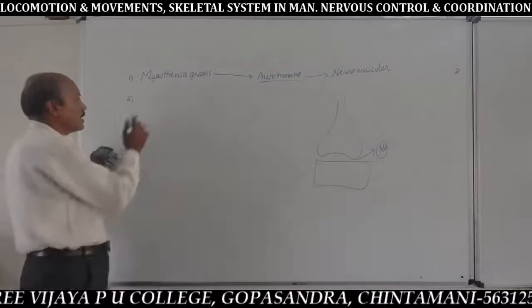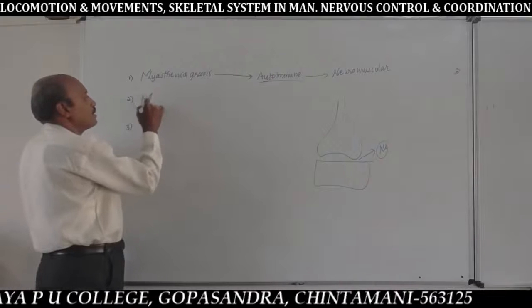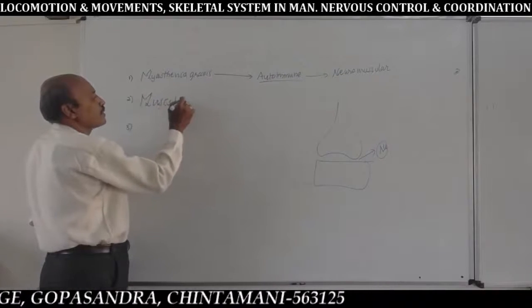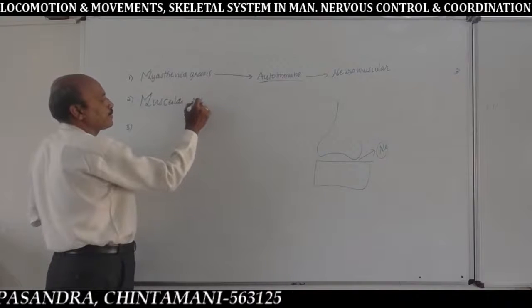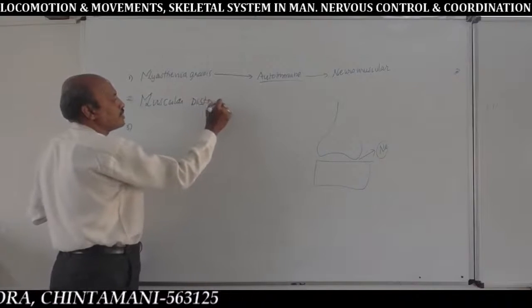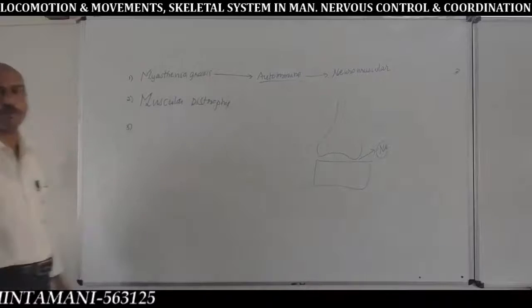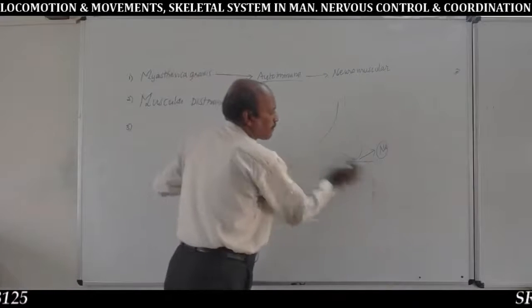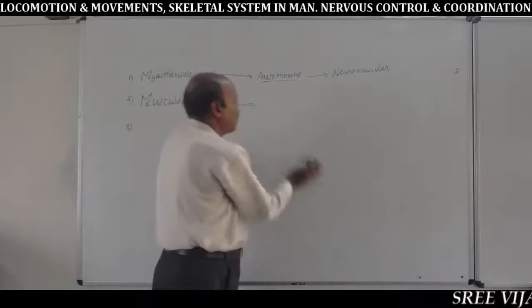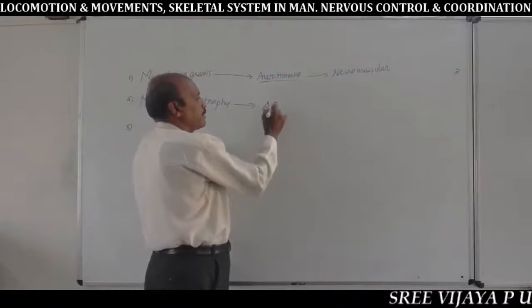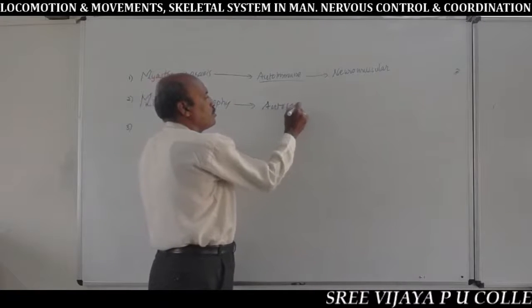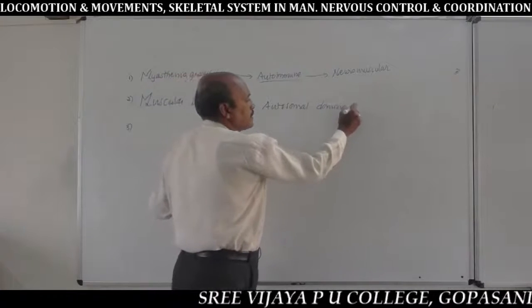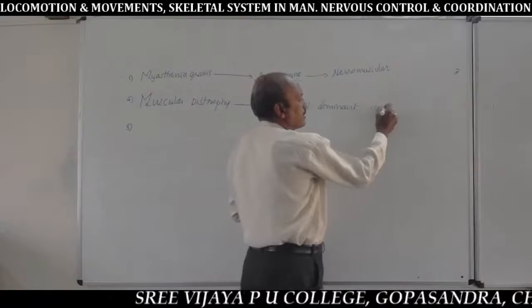And next one is muscular dystrophy. It is a type of autosomal dominant genetic disorder.